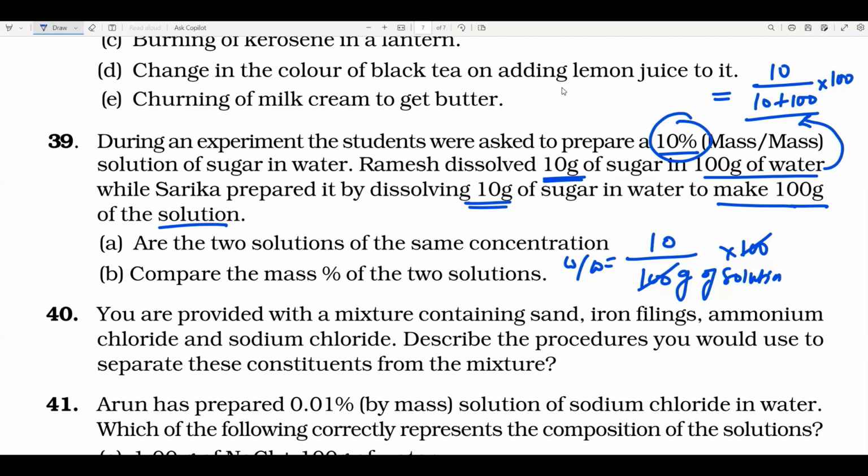Now compare the mass percentage of the two solutions. Sarika's will be 10%. Ramesh is dissolving 10 grams of sugar in 100 grams of water, so 100 plus 10, that is 110 grams, will be the mass of solution for Ramesh, into 100.